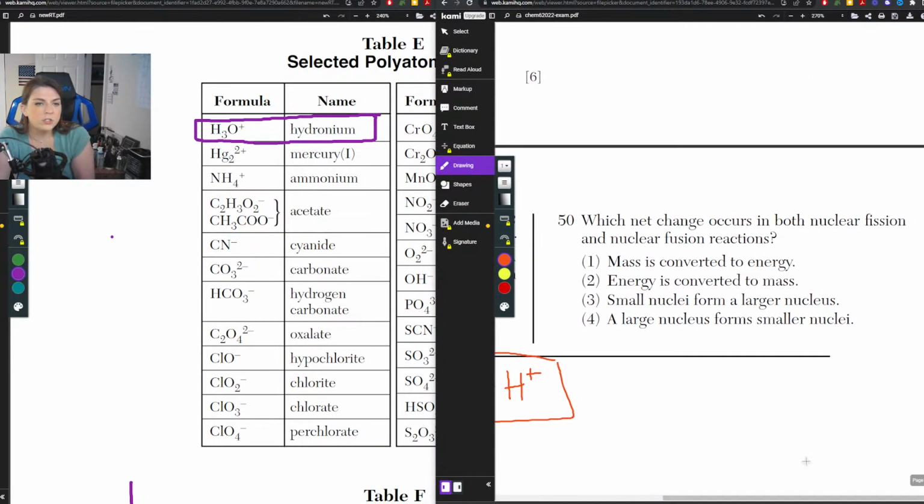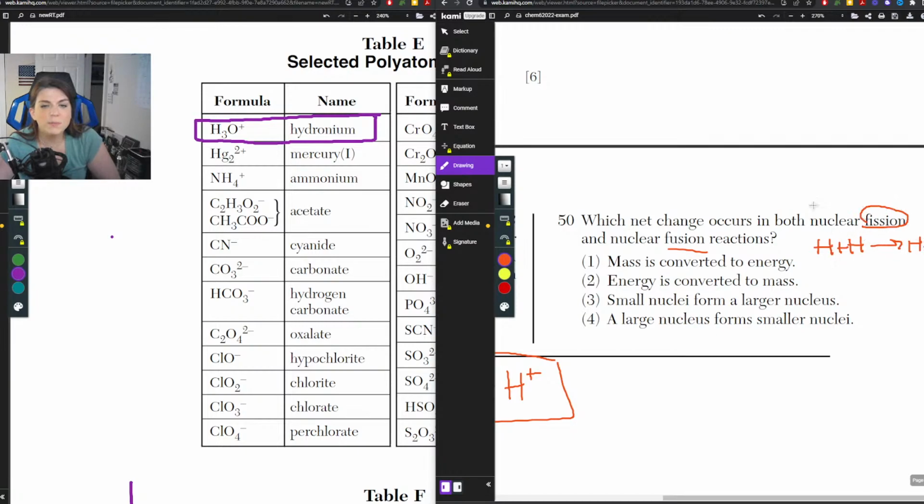Then moving on to the final multiple choice, number 50. Which net change occurs in both nuclear fission and nuclear fusion reactions? Okay, fission and fusion are pretty much opposites. Fusion is when you have tiny little elements like hydrogens coming together to make helium.